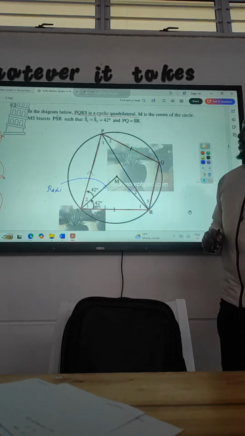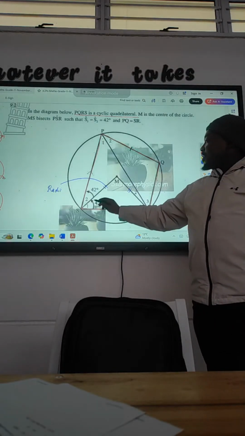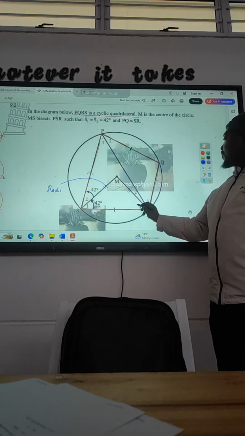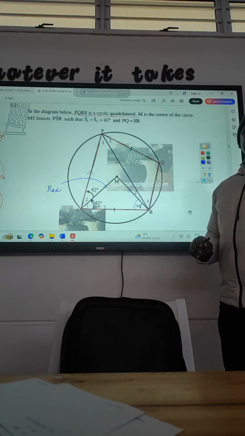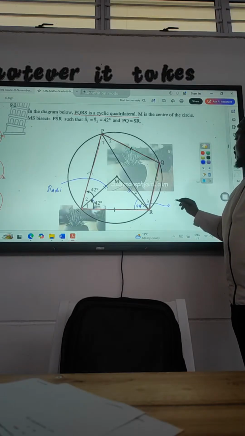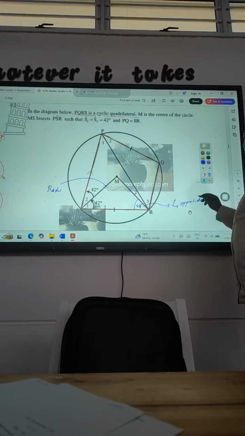Those are your radii. When you have radii, we know that if this is now 42, this will also be 42, right? And the reason why we say that is angles opposite equal sides.